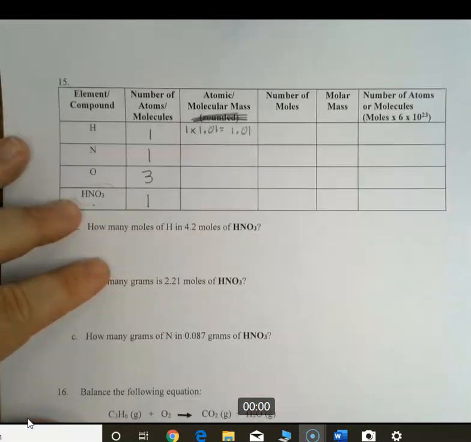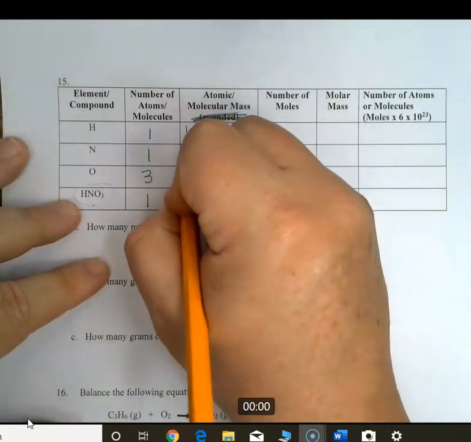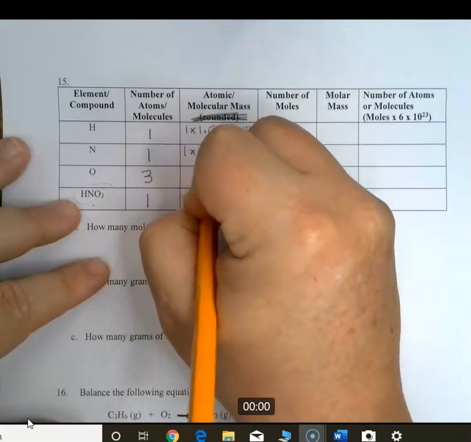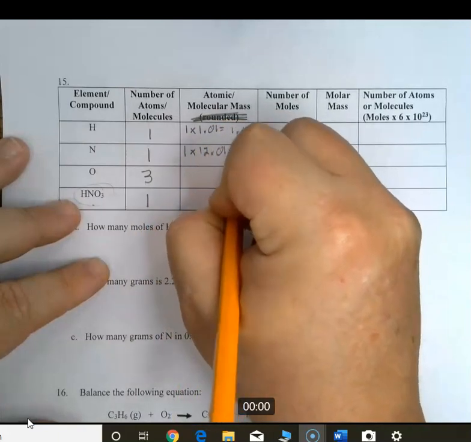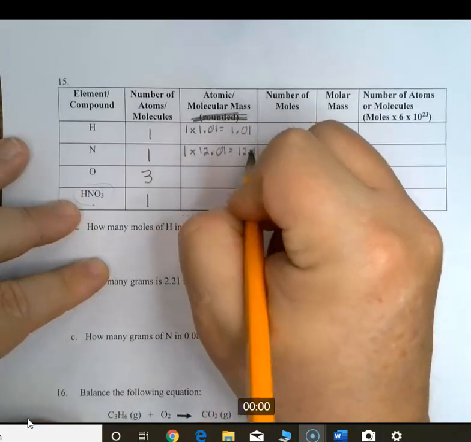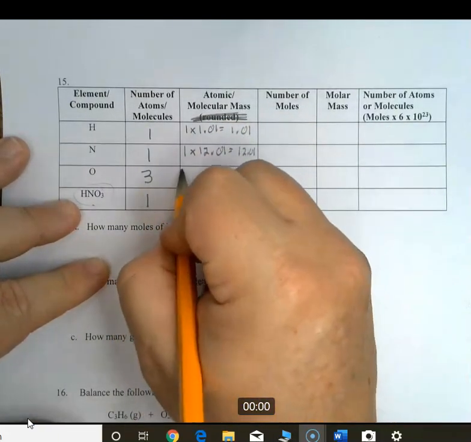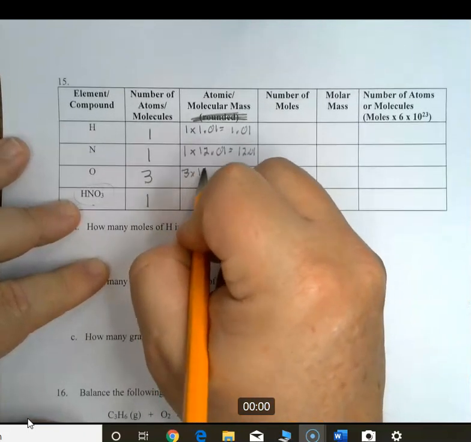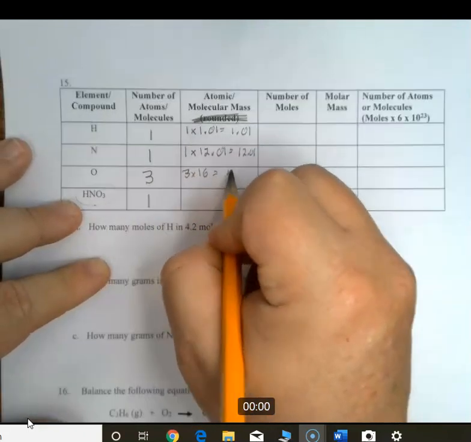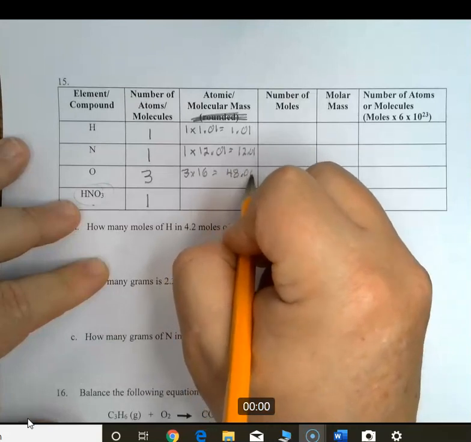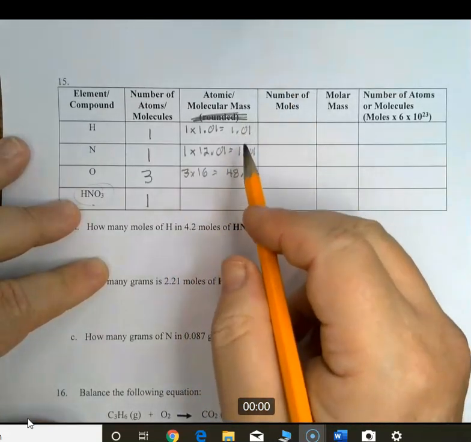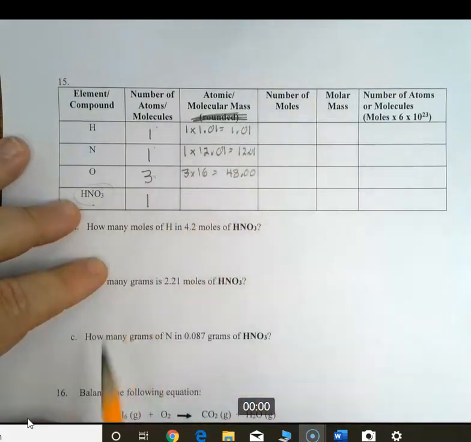If you did it rounded already, you're fine. And then this one is 1 times 12.01 is 12.01. And finally, we have 3 times 16, which equals 48.00.